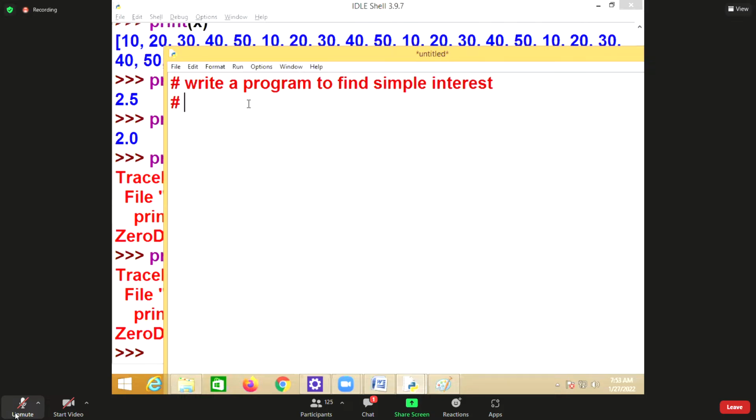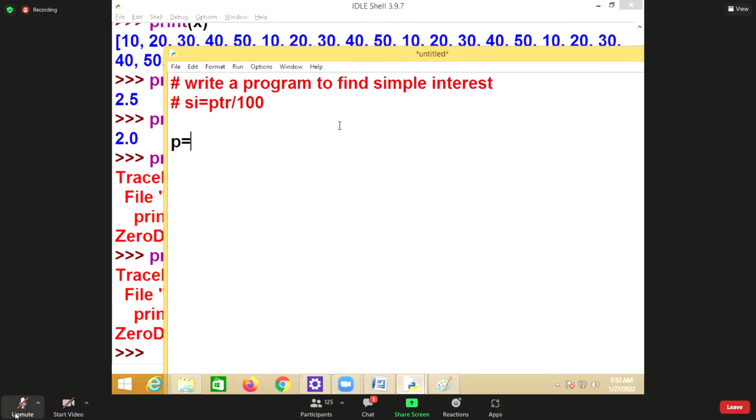So what is the formula for simple interest? PTR by 100. P is principal amount, T is time, R is rate, and divided by 100.